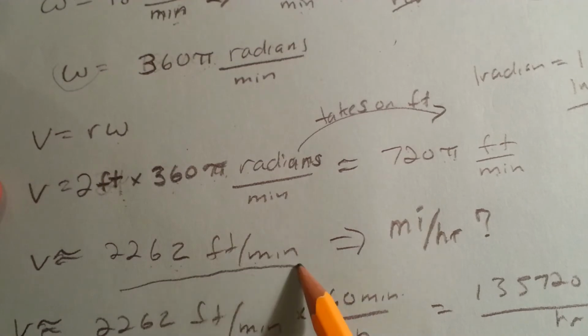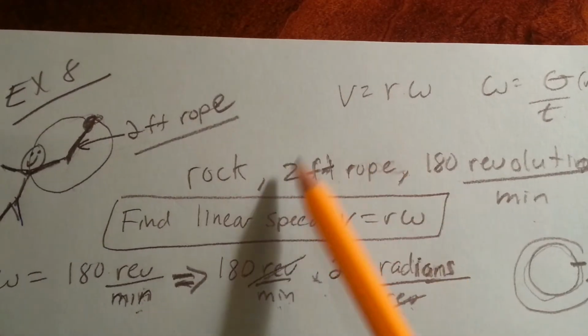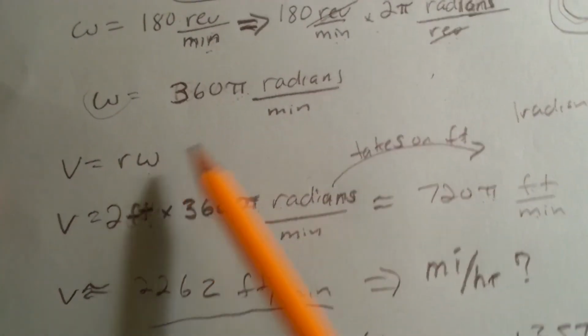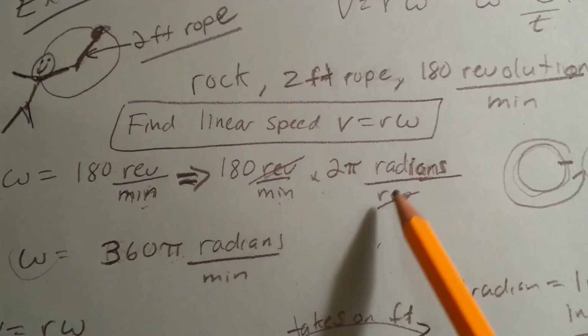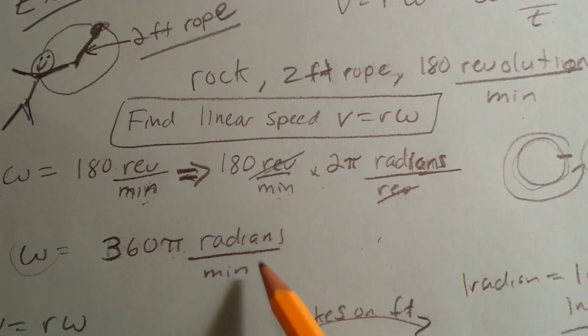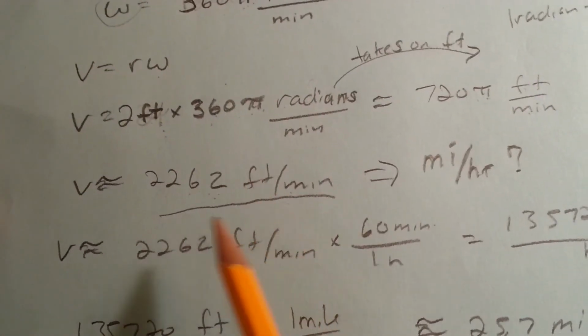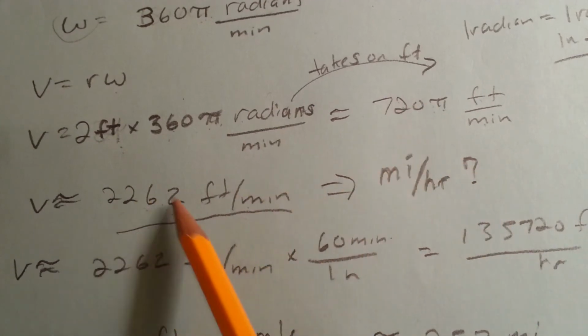So the big thing is converting revolutions per minute into theta. And you just have r, and once you get theta in radians, you can get omega in radians per time. We got our omega, we multiplied out by pi, and we've got 2262 feet per minute.